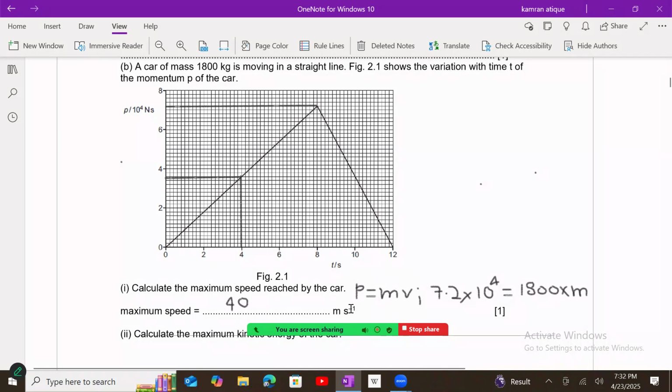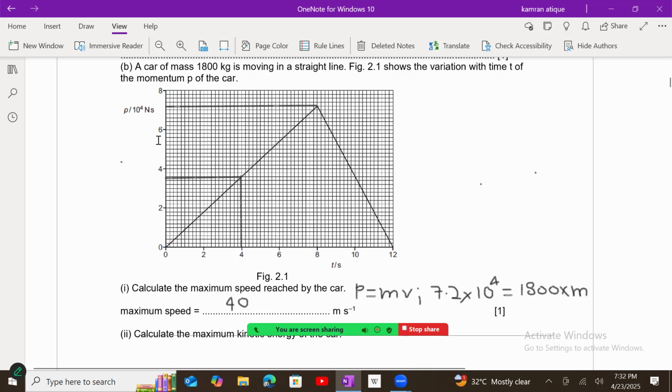So as we know, the value of momentum at this particular point, at the top point of the graph, is obtained as 7.2 into 10 raised to the power 4. 7.2 into 10 raised to the power 4 will be the value of momentum, obviously in Newton seconds. 1800 is the mass.